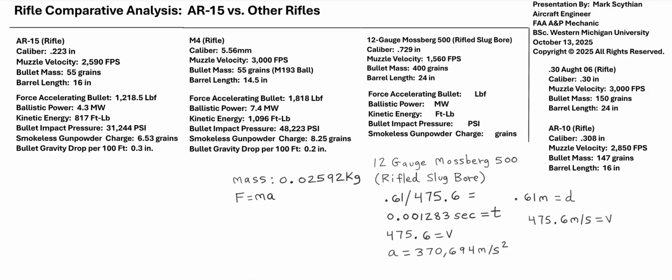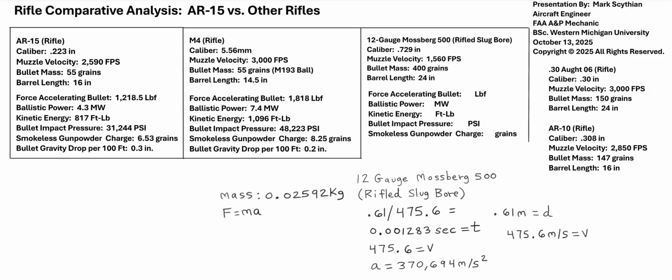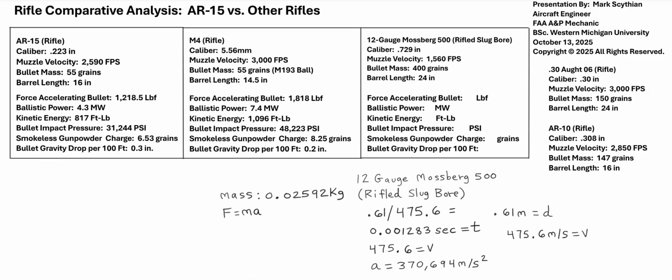So it drops 0.3 inches for the AR-15, and then the M4 drops 0.2 inches per 100 feet.